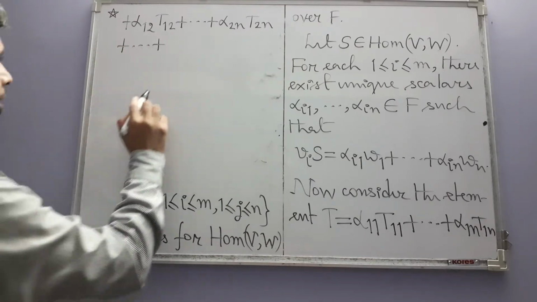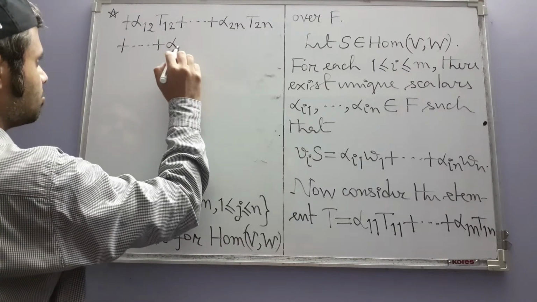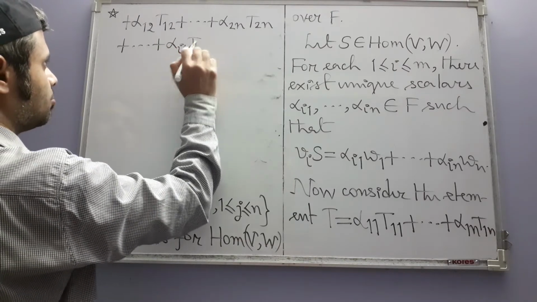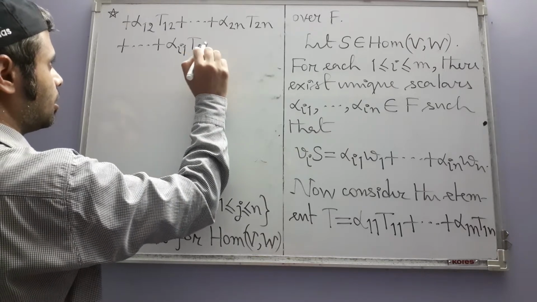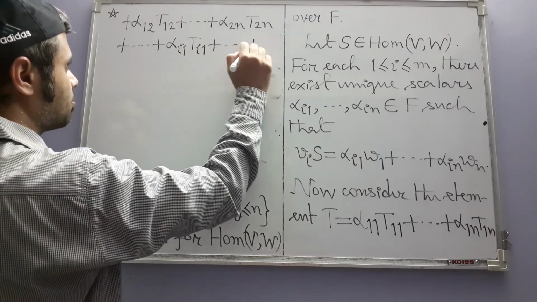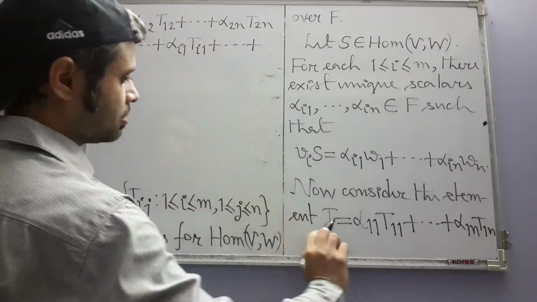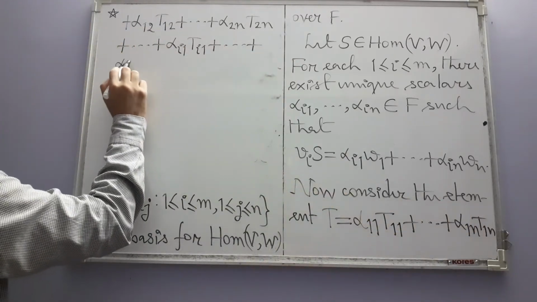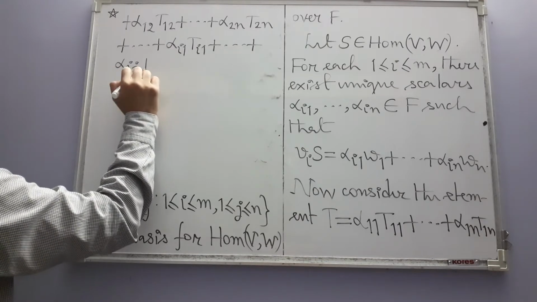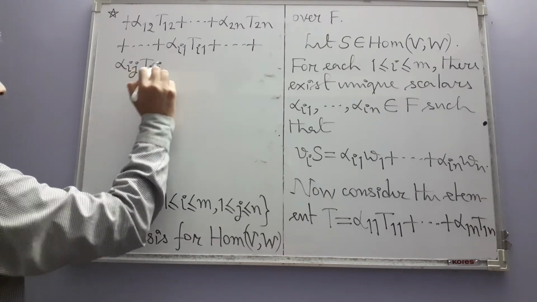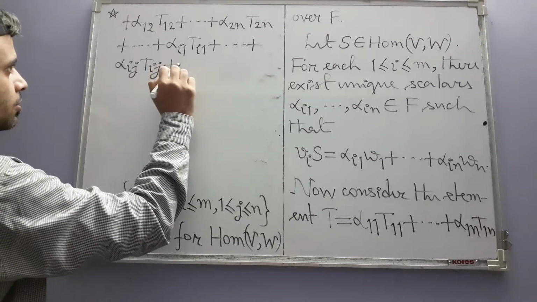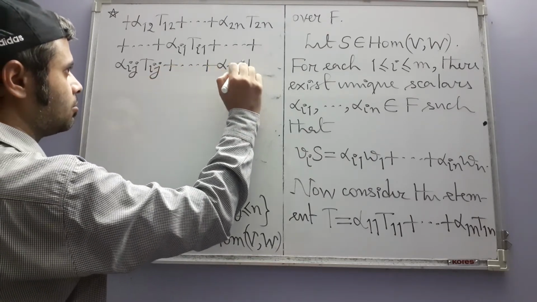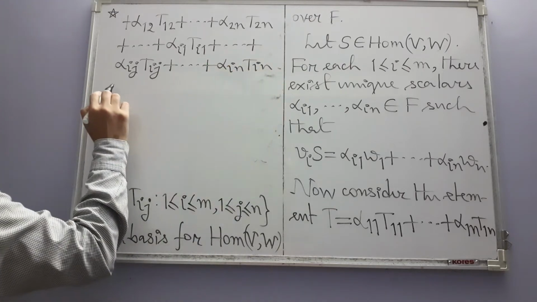Let me write a general one also somewhere in the middle: alpha i1 Ti1, etc. plus, unlike these sums, here I am going to write a still more general one, which is absolutely general: alpha ij Tij plus alpha in Tin.